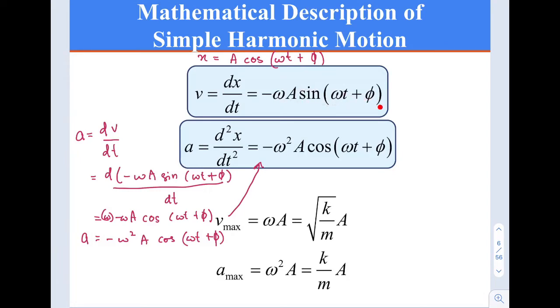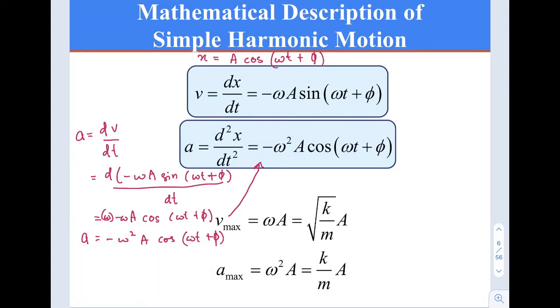This is your v equation, right? The maximum value for the sine function is what? 1, right? The maximum value for the cos function is also 1. The one that goes beyond 1 is tangent. Sine and cos have a maximum value of 1.